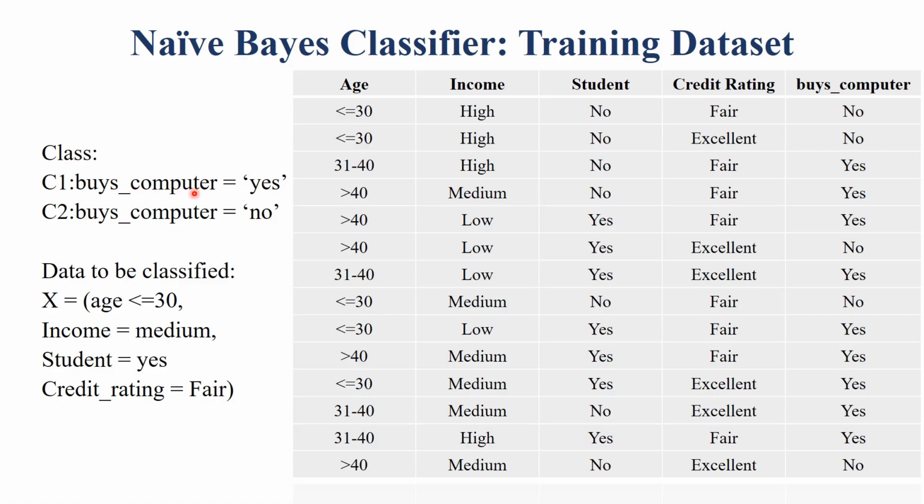C1 represents buys computer as yes and C2 represents buys computer as no. Let us assume that we need to classify this data. There is a data which is coming in having the value age less than or equal to 30, the income is medium, the student category yes, the credit rating is fair. We need to classify this particular data.